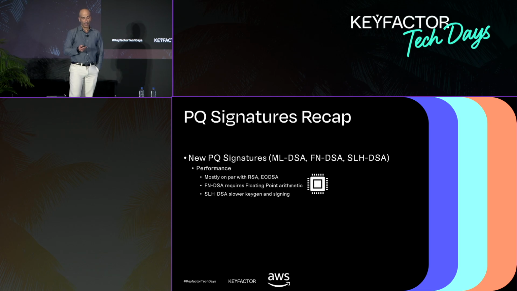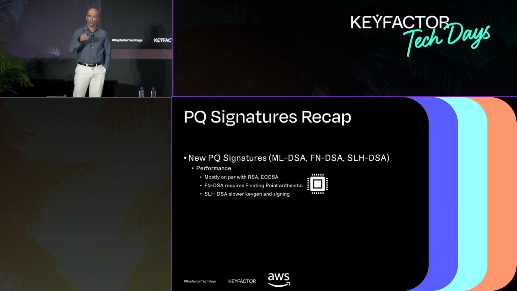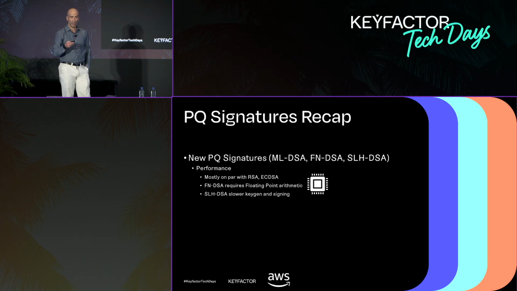So these 3 signatures, for the most part, have good performance. They're very close to ECDSA and RSA that we use today. FN-DSA requires floating point arithmetic, some special instructions that are available on many CPUs.